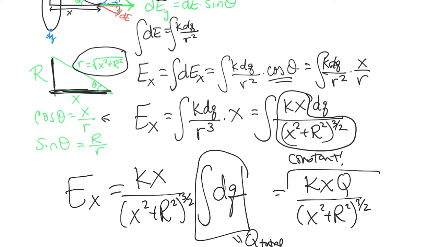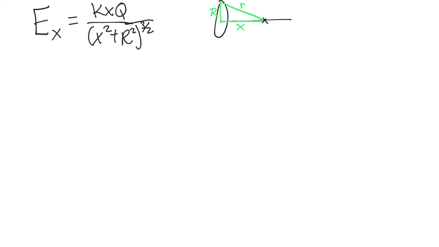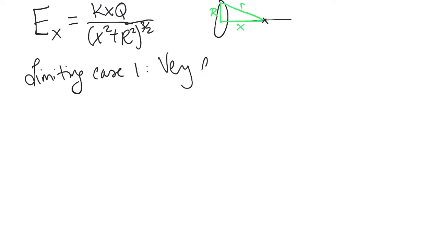Boom. Glorious. Pause. All of that was slide 13 on the slide deck. This is going to go over slide 14. We want to look at some limiting cases. The first limiting case I want to look at is very far away.